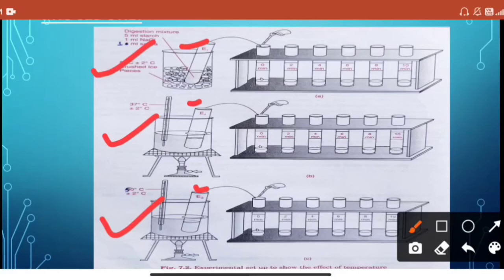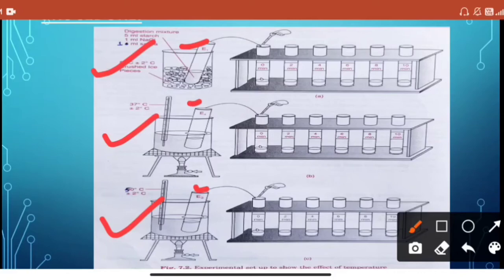There we will add 1 ml of NaCl, 5 ml of starch, and 1 ml of the salivary amylase enzyme, in each of the 3 different experimental test tubes.